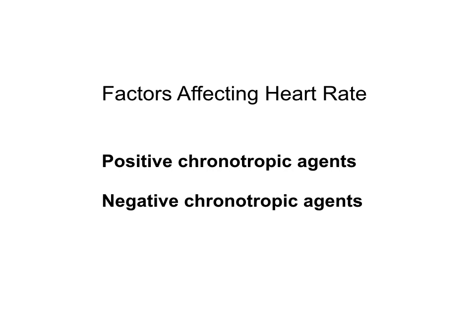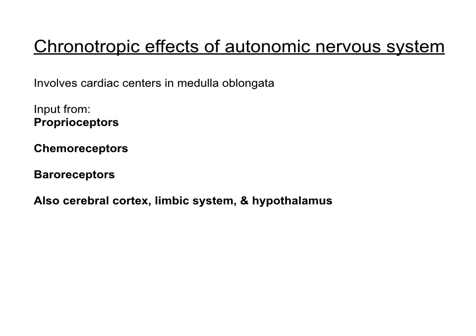Now, when you start thinking about what these agents might be, these agents could be signals from the nervous system, they could be chemicals such as hormones or ions. There are even other factors outside of the nervous system and chemical signals that can also act as chronotropic agents. So we're going to start with your nervous system and look at how it is affecting your heart rate.